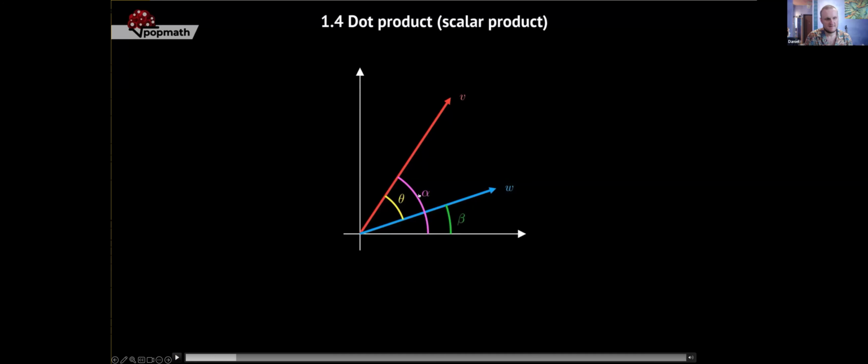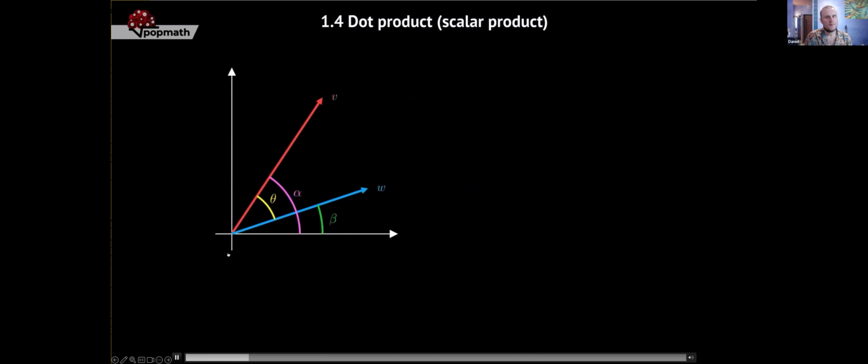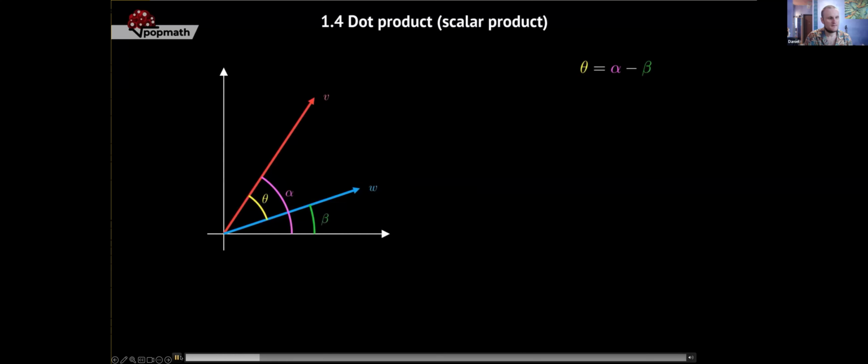Alpha is the angle for vector v and the x-axis, beta is for the other vector, and theta is the angle between them. We want to find this angle theta. How do we do that? We take angle alpha and subtract beta, right?